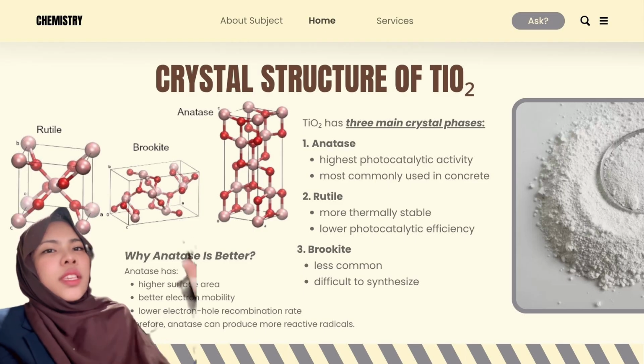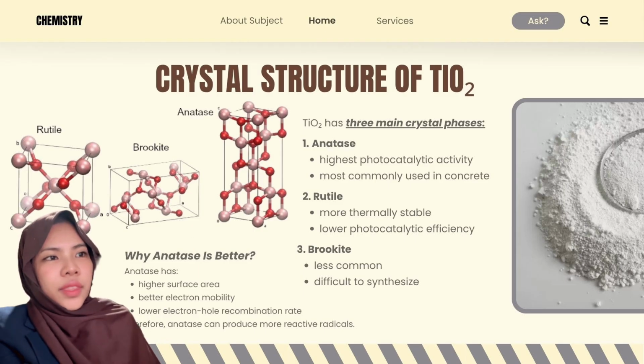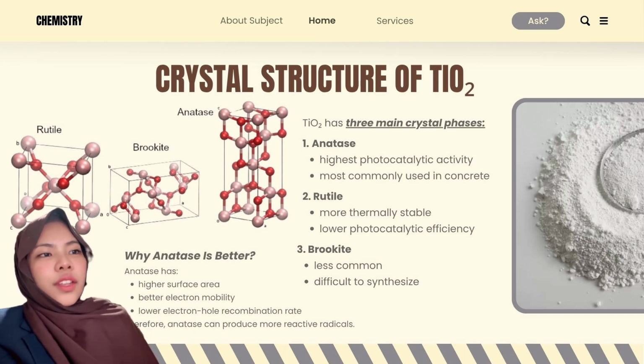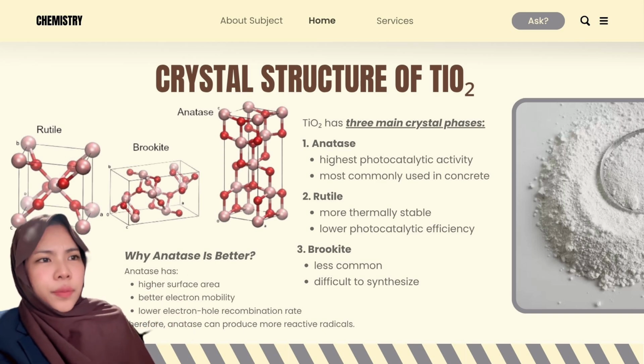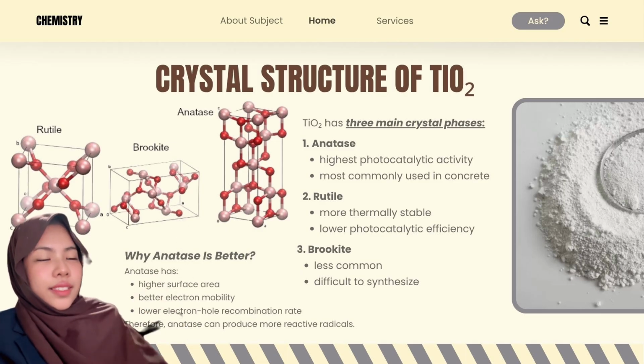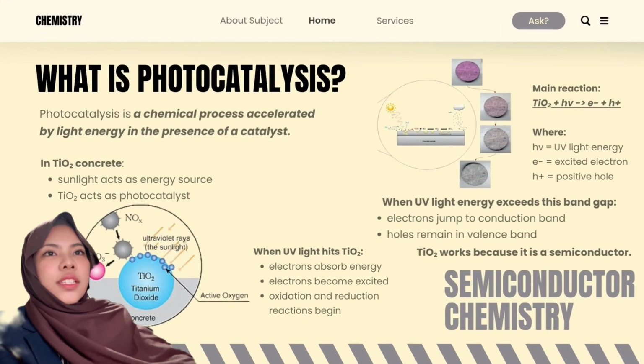So why do we choose anatase? It is because it has better electron mobility, larger active surface area, and lower electron-hole recombination. This means it can produce more reactive radicals. So we continue to the next slide.